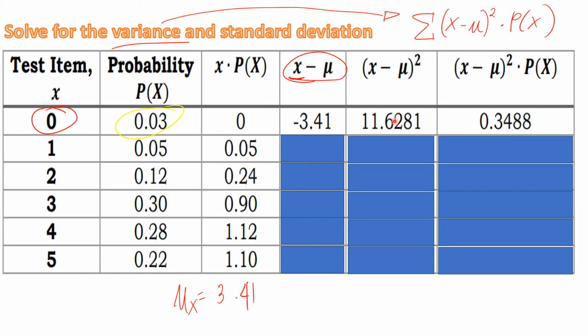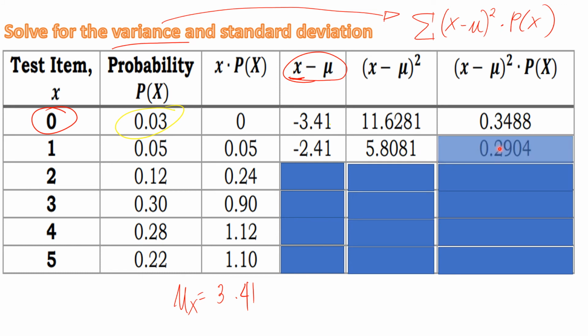Next, we follow the same process for x equals 1. We have x minus μ, so that is 1 minus 3.41 equals negative 2.41. And negative 2.41 squared is 5.8081. And 5.8081 multiplied by its probability 0.05 is equal to 0.2904. For x equals 2, that is 2 minus 3.41, which is negative 1.41.